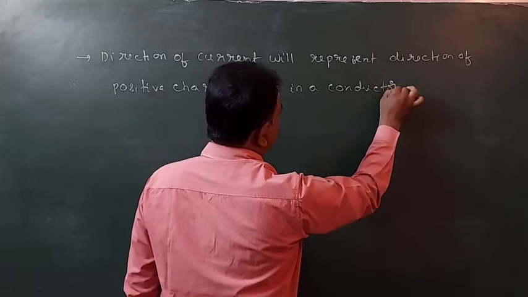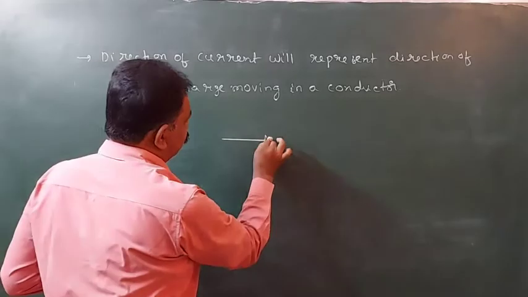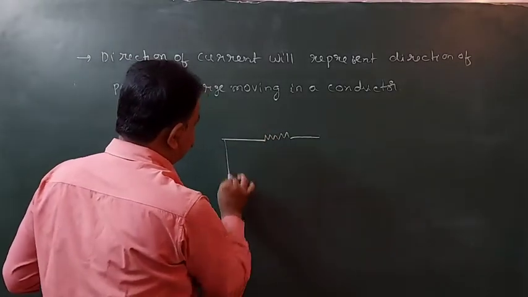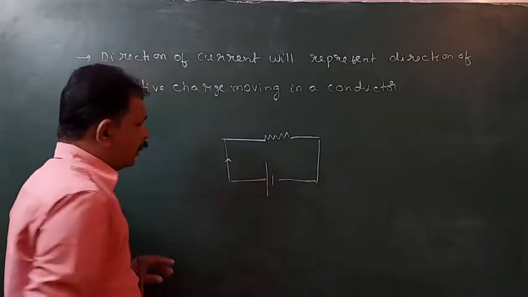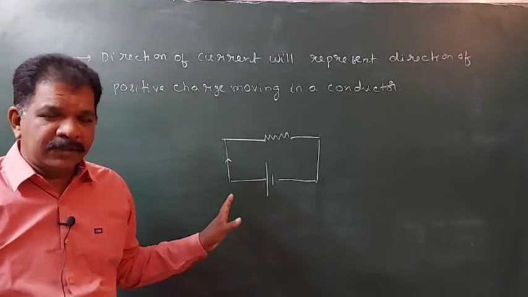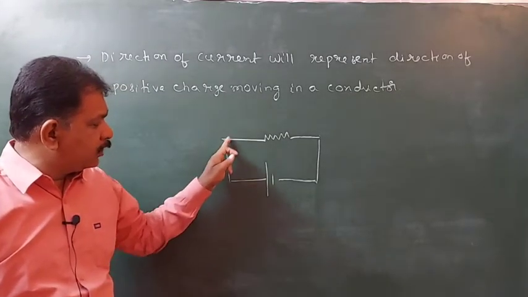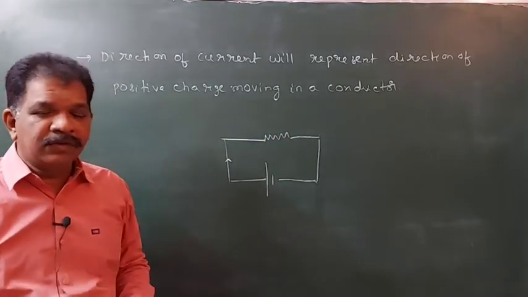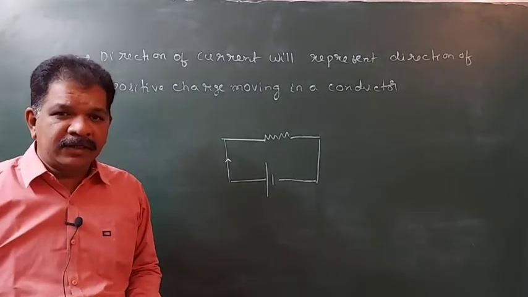What is the meaning of this? See, for example, here one resistor is there. Here one battery is there. Current is flowing in this manner. What it is representing is how positive charge is flowing in the circuit. That is represented by the direction of electric current.